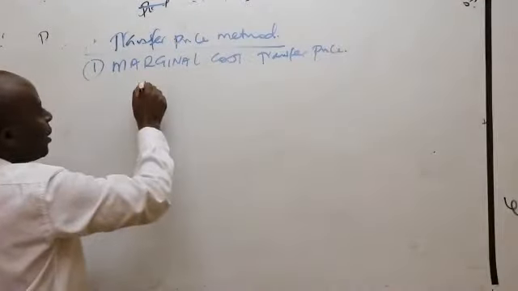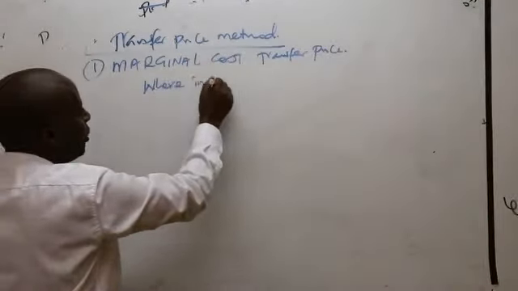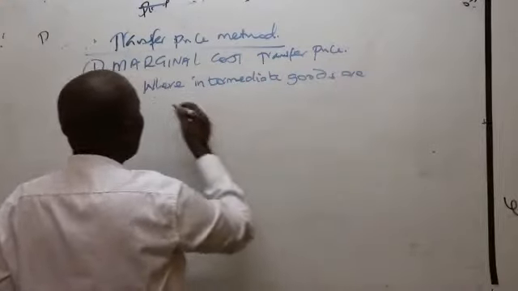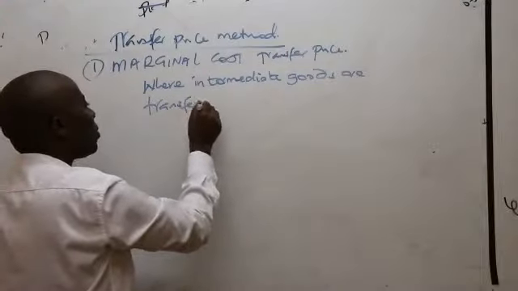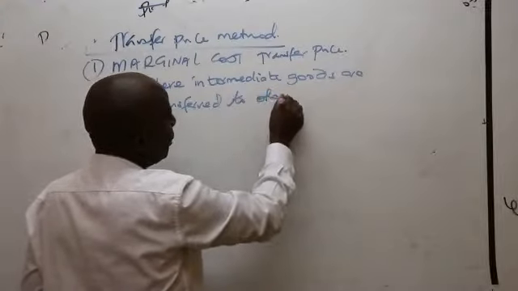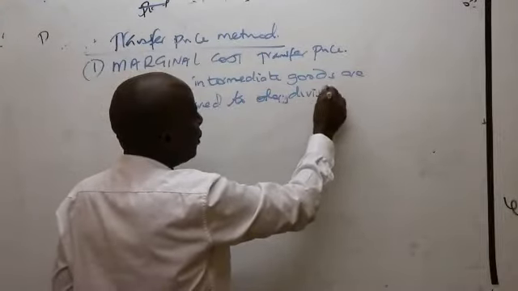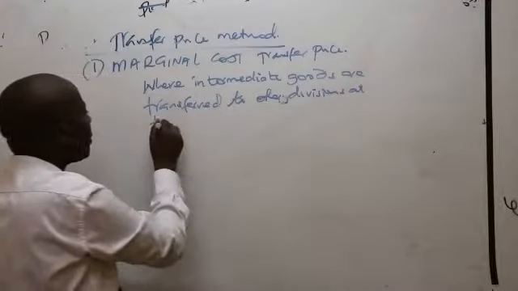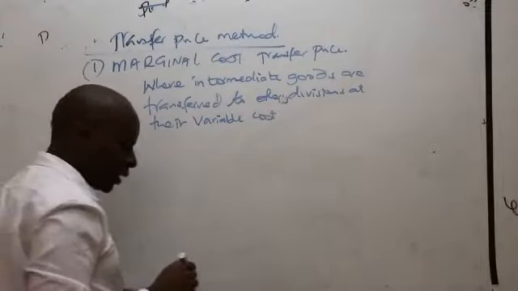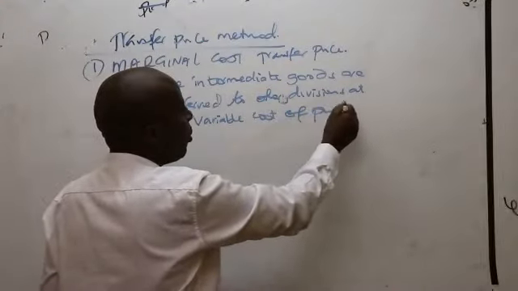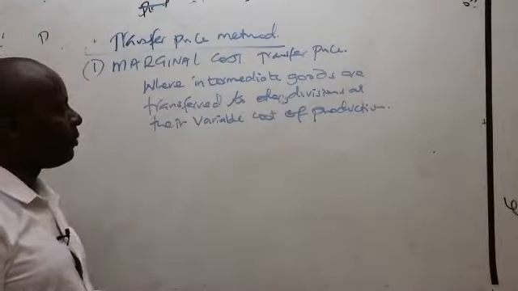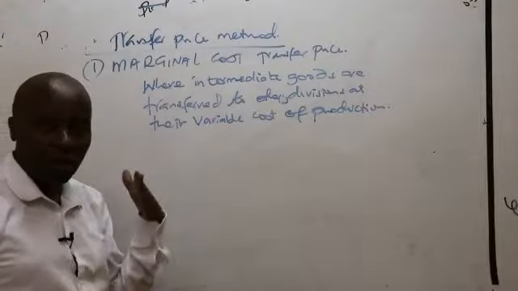This is where intermediate goods are transferred to other divisions at their variable cost of production. Remember, variable cost is the same as your marginal cost.